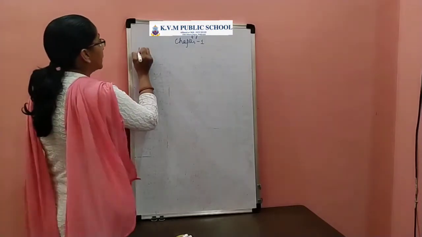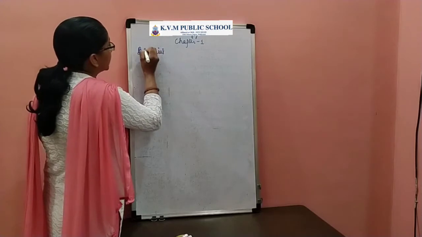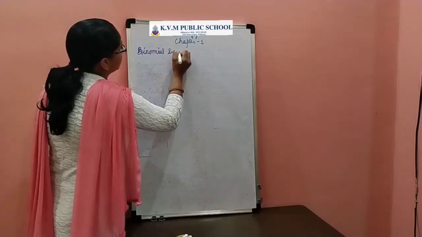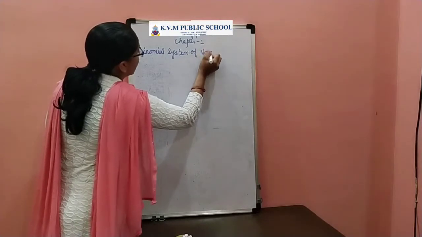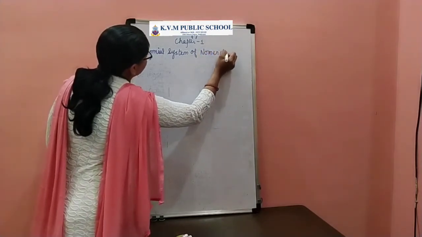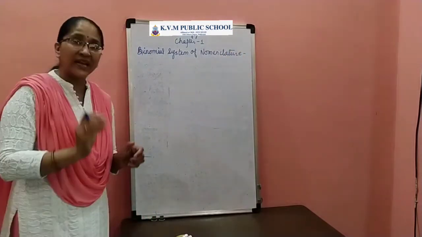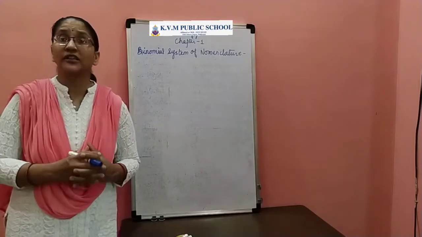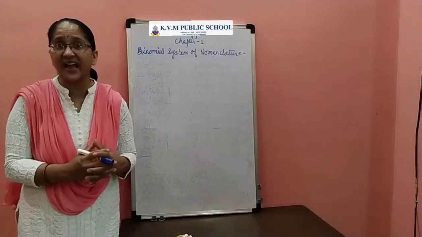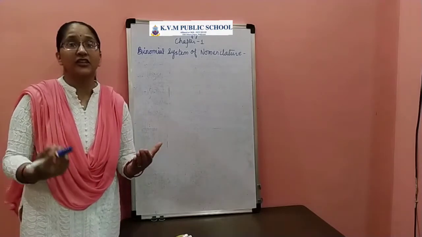Therefore, the binomial system of nomenclature was proposed by Carolus Linnaeus. When I talk about this binomial system of nomenclature, it means naming the varied species present on this planet, which have been identified as of yet, into their generic name and the species name.